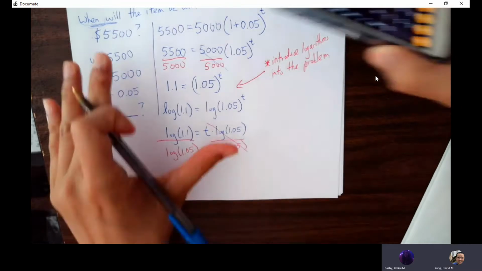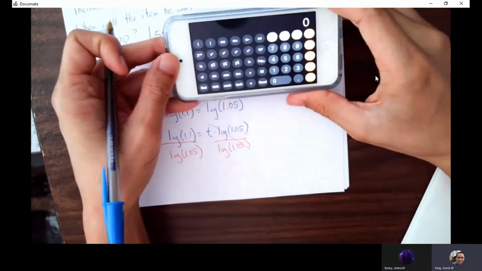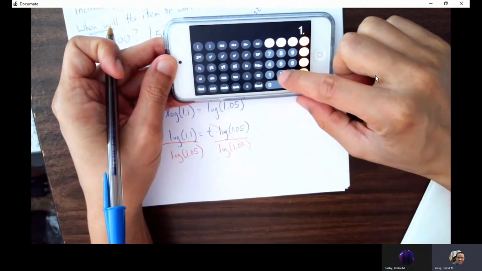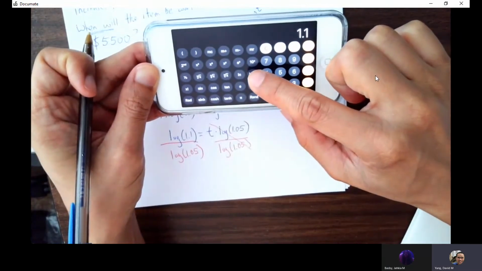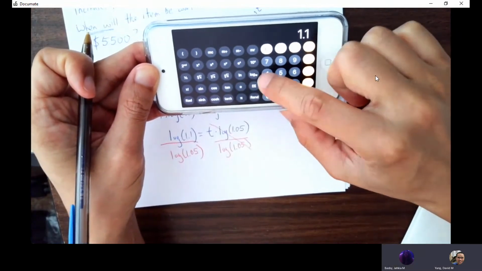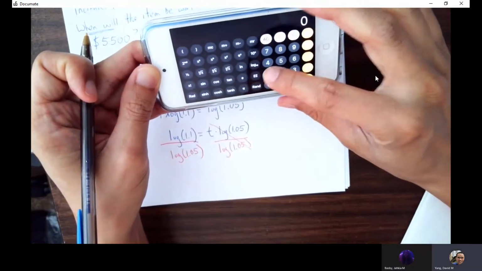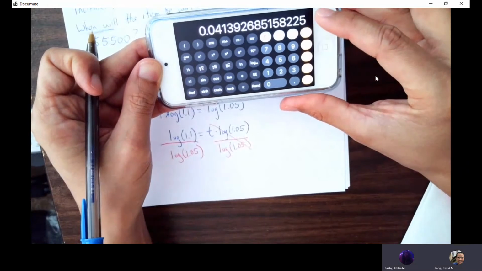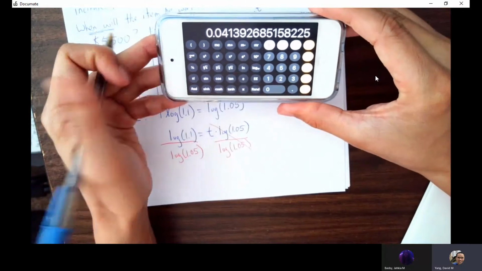Let me just do it for video purposes in case students watching need this as well. So I'm going to hit that 1.1 like you did, and then there's that log 10 button, which is the same thing as log. You got 0.041. Jakia, did you get this?